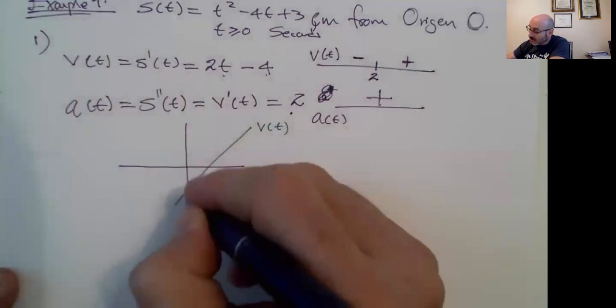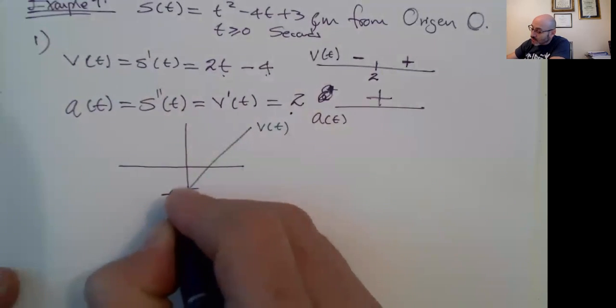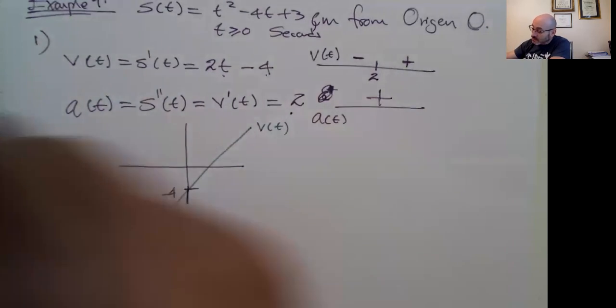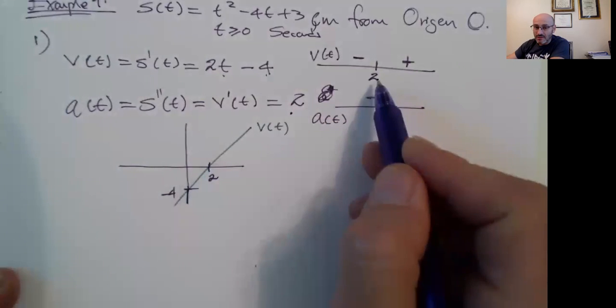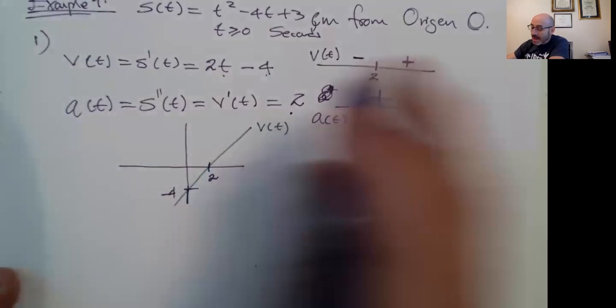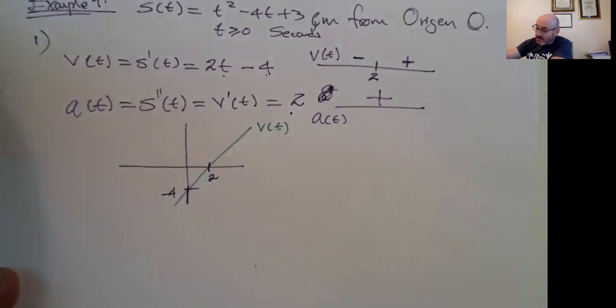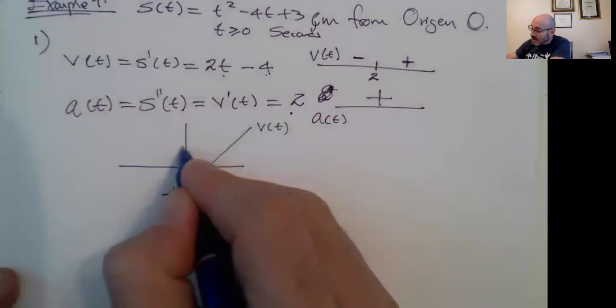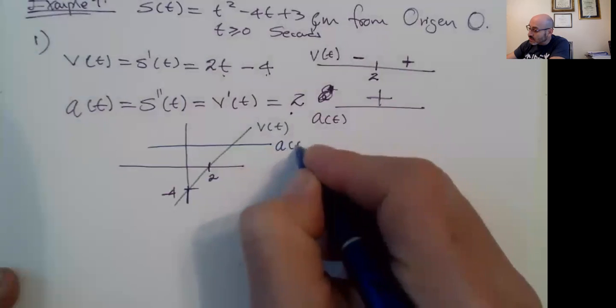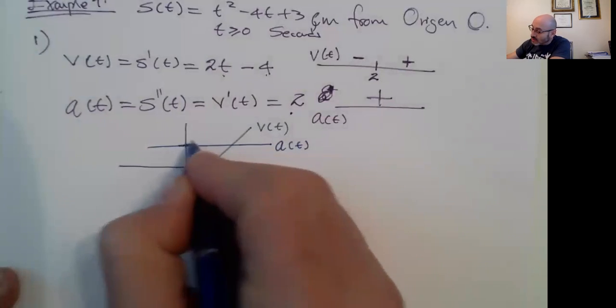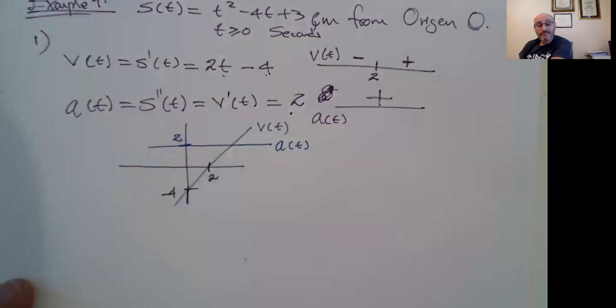Here is -4, right? So this is 2, because we just said that the velocity is 0 at 2, right? And the acceleration is a constant. So this is the acceleration, which is always 2, right?